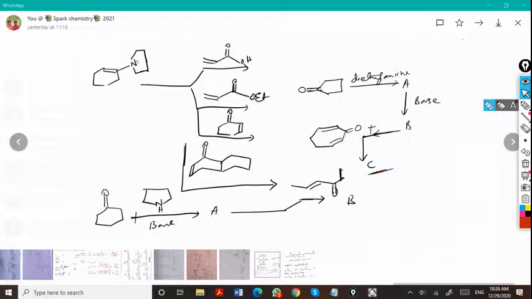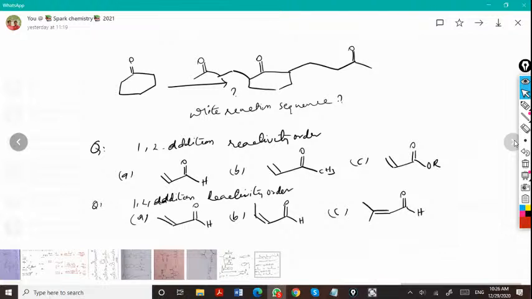So next, how to convert the starting material into this product? Simply we can make the enamine of this, and treat it twice with the alpha beta unsaturated carbonyl, that is methyl vinyl ketone, so it is going to give this product.